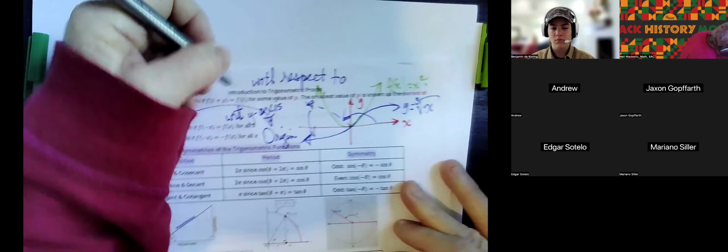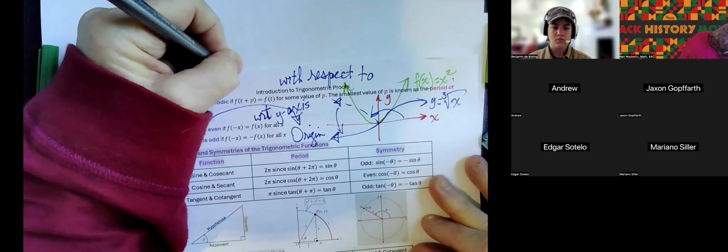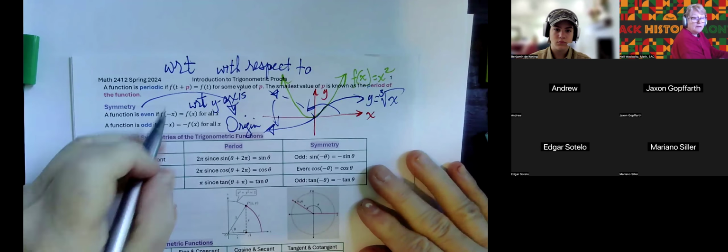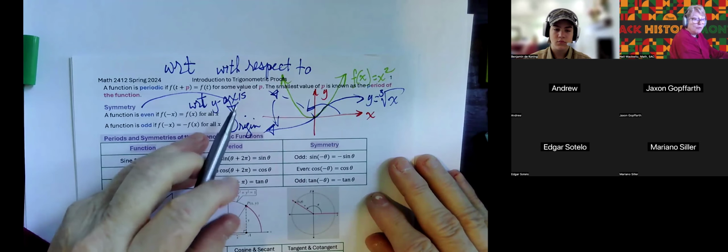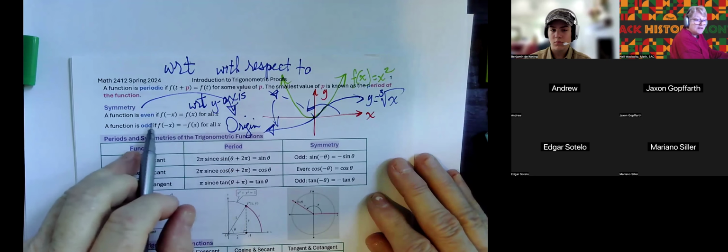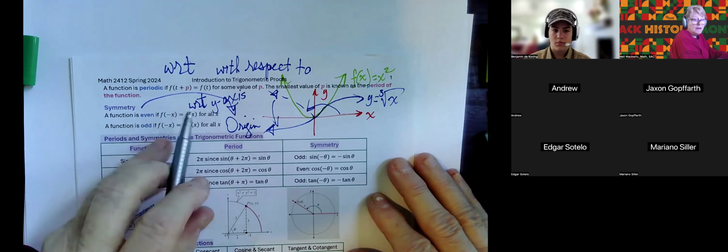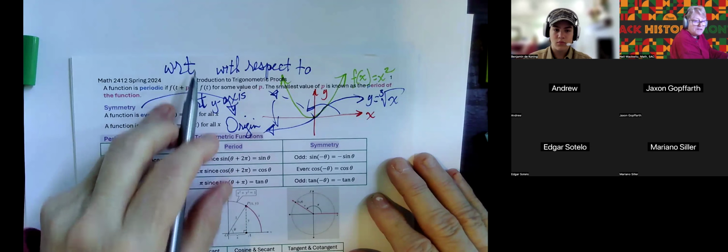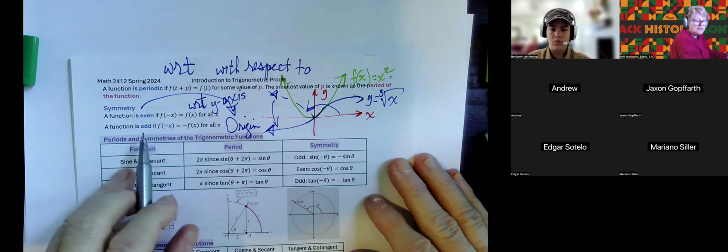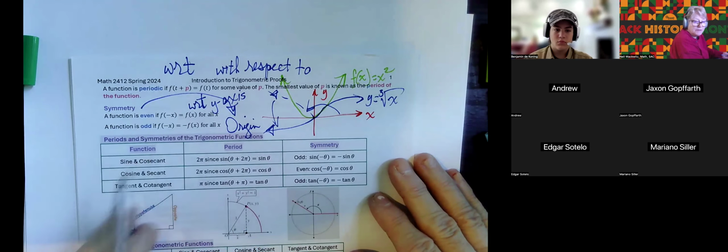With respect to is almost always going to look like that. So symmetry with respect to the y-axis is the same as even symmetry, and symmetry with respect to the origin is the same as odd symmetry.